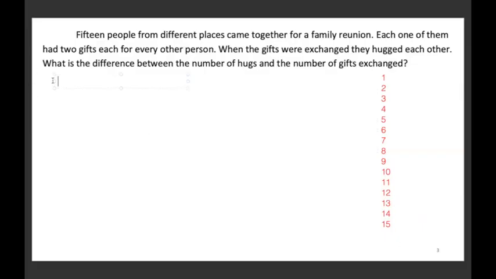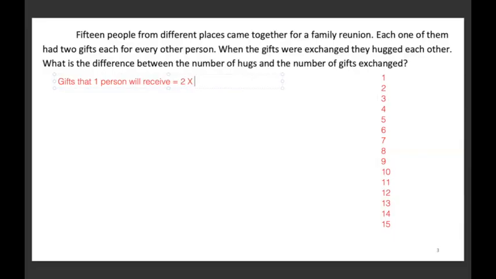So first, we'll find the total number of gifts. The gifts that one person will receive: one person is getting 2 gifts from every other person.